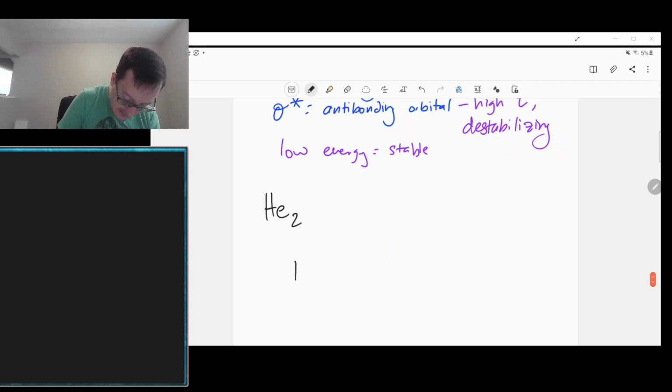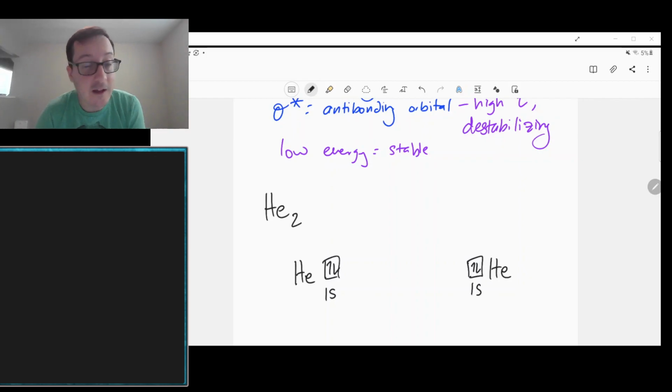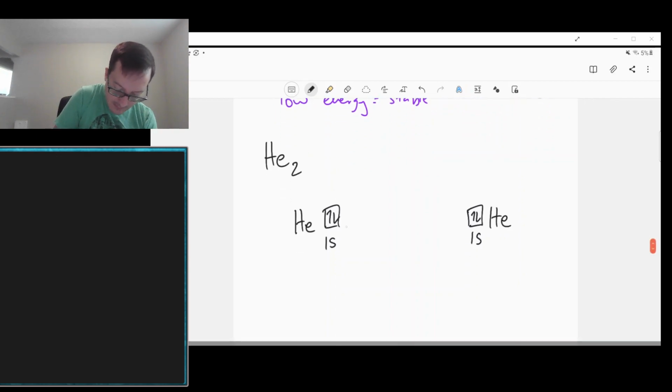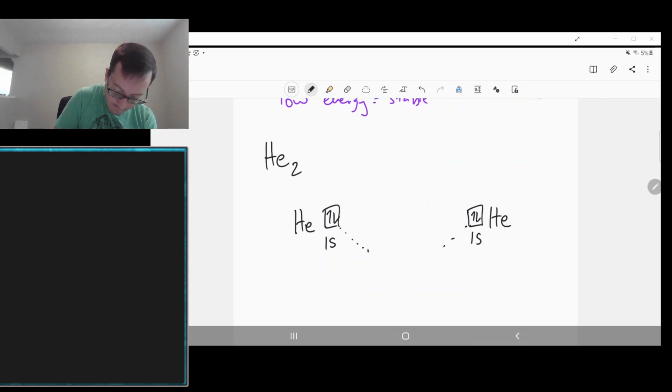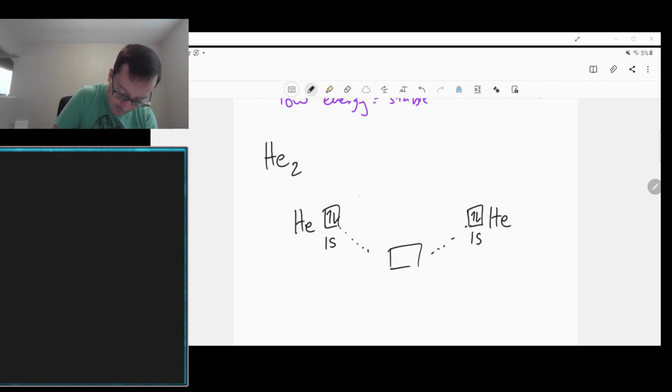If we look at a helium atom, helium has 1s2 as its electron configuration. And if we try to make molecular orbitals with them, here we'll have the sigma star 1s, sigma 1s.